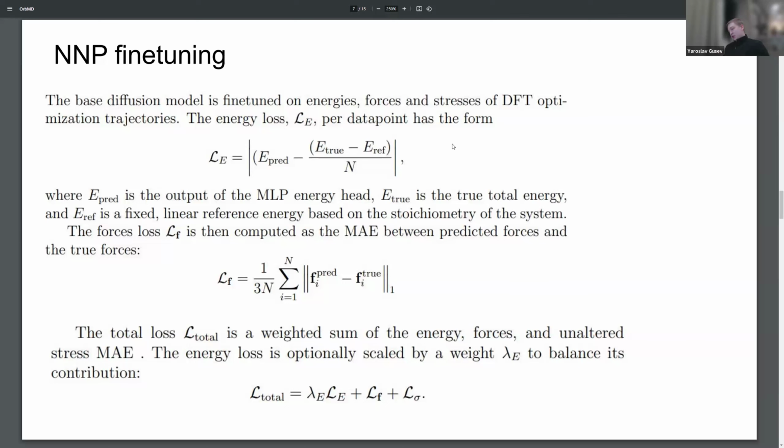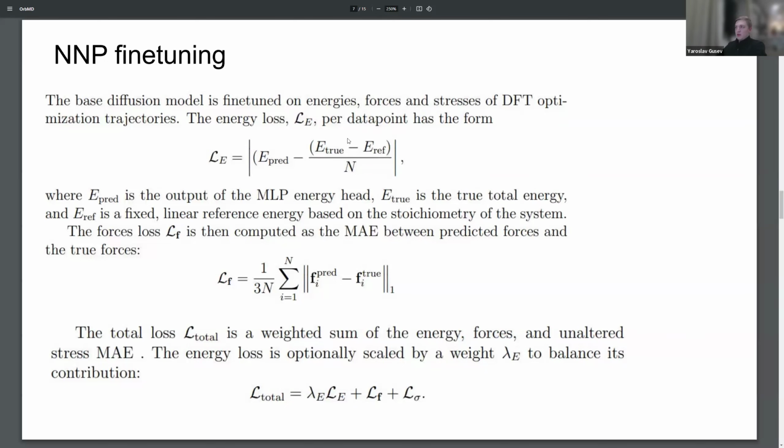We know that energy is defined only up to some constant term, and it's unobservable actually. So they use some reference value that they normalize over, and in general there is the understanding that energy is an extensive parameter that scales with the number of particles in the system.